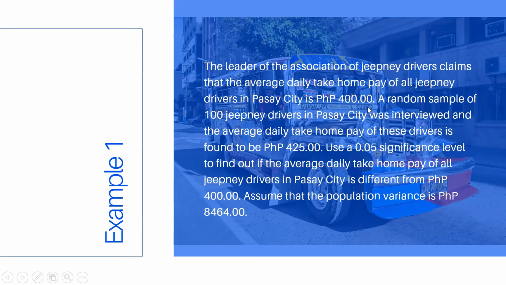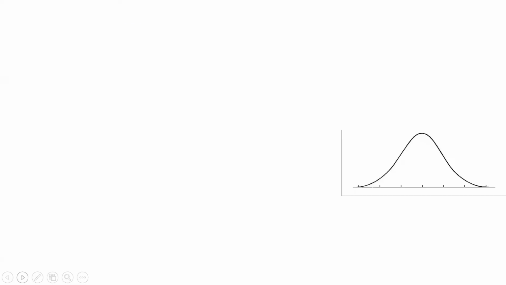Use a 0.05 significance level to find out if the average daily take-home pay of all jeepney drivers in Pasay City is different from the 400 pesos given. Assume that the population variance is 8,464 pesos. So let's do the hypothesis testing.